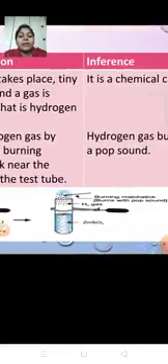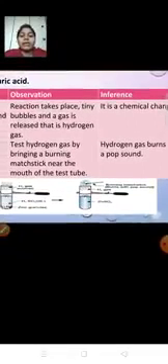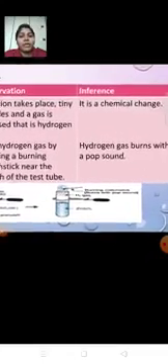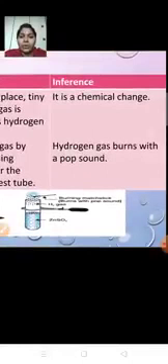Now how do we confirm whether this gas is hydrogen or not? For this, what we will do, we will bring a lighted or burning matchstick near the mouth of the test tube. As we bring a lighted matchstick near the mouth of the test tube, what will happen? You will hear a pop sound.